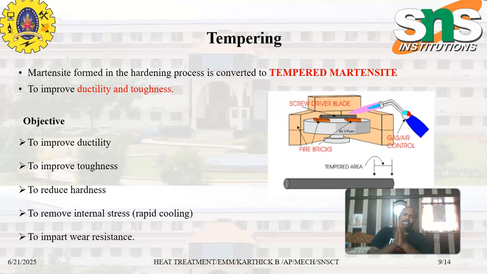So hardness to the desired limit, and along with that hardness, we have more ductility and toughness. So this martensite, upon being converted to tempered martensite, will have strength, ductility and toughness.